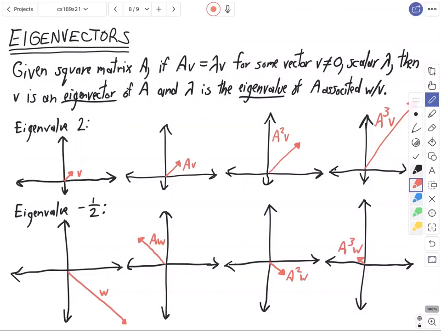So the thing to understand is that for the vast majority of matrices, most vectors do not have this property. Most vectors, you apply a matrix and now it's pointing in a different direction. To be pointing in the same direction makes a vector special.